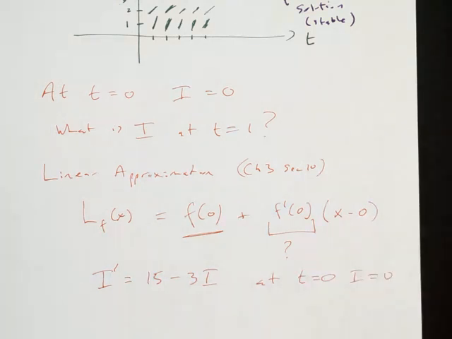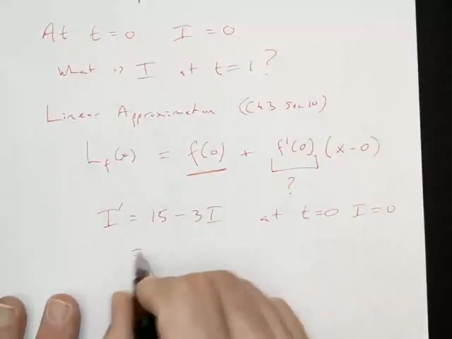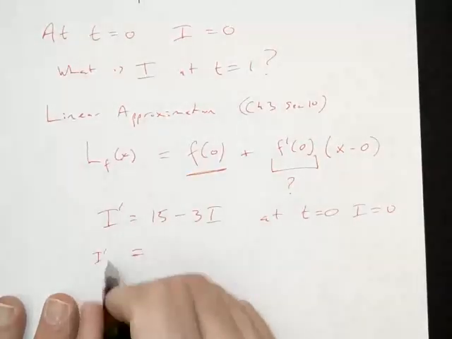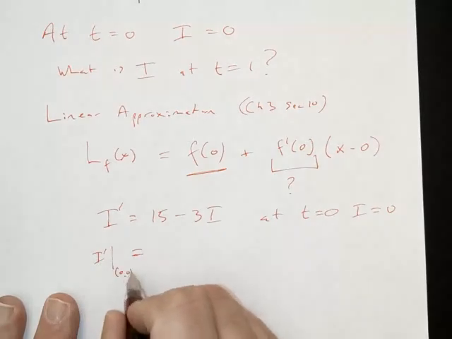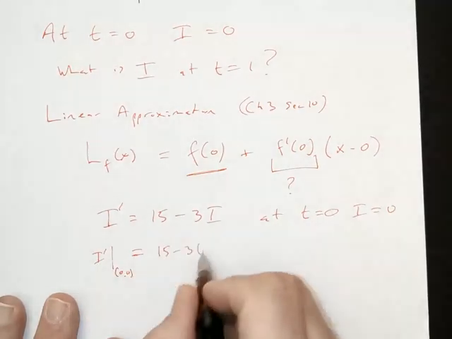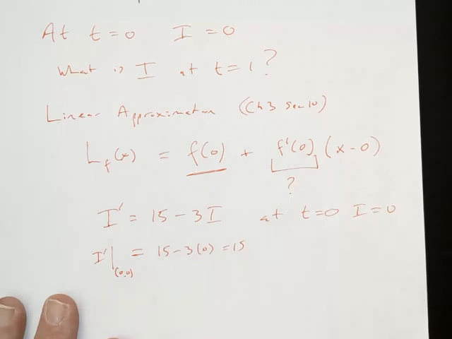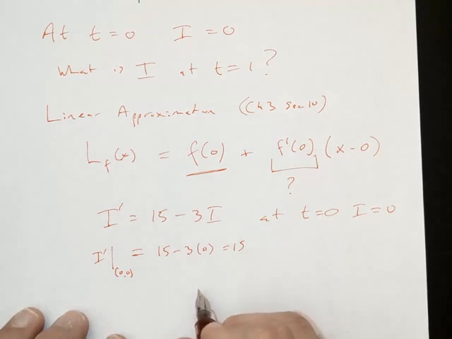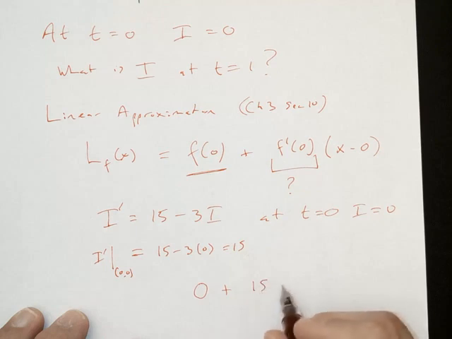So I take that y value and that x value and I plug them in. And I get a slope. My linear approximation is 0 plus 15x.